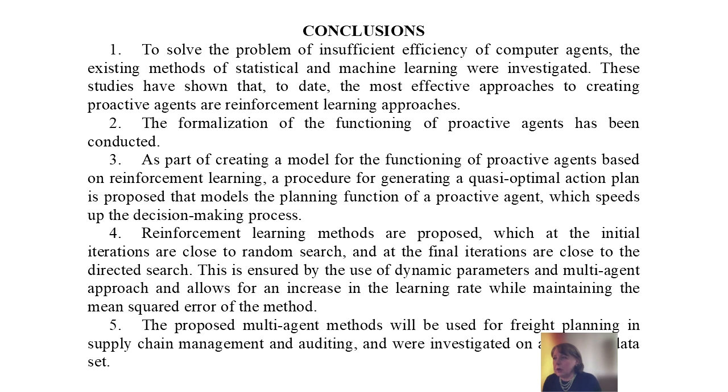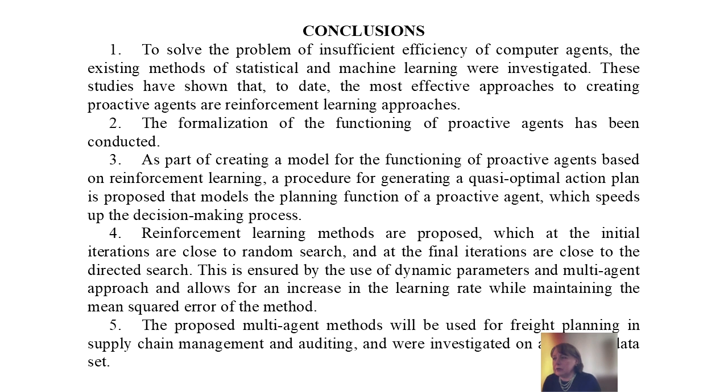Conclusions. First, to solve the problem of insufficient efficiency of computer agents, the existing methods of statistical and machine learning were investigated. The studies have shown that to date the most effective approaches to creating proactive agents are reinforcement learning approaches.